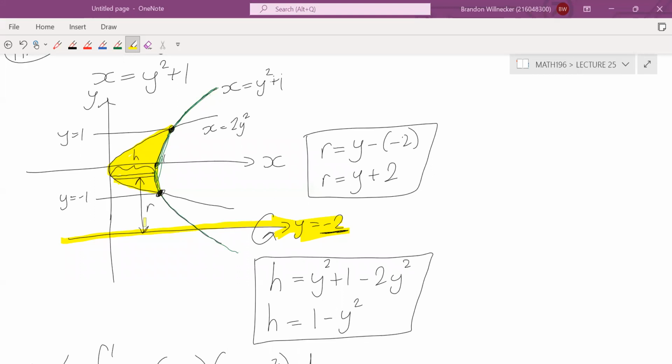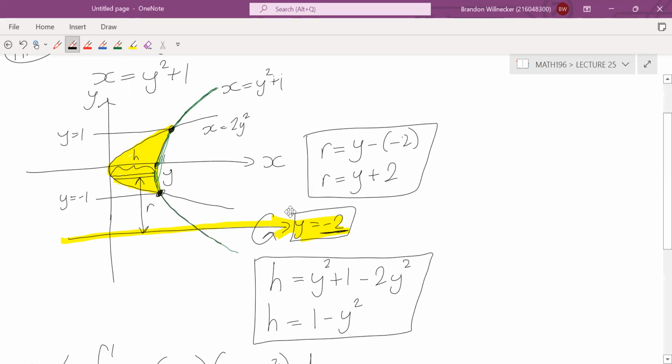We want to find this distance r. We know the top part here is y, so that's at point y. If we want to know the distance, it's going to be y minus -2, and then the minus and the minus make a plus. So we end up with y plus 2.